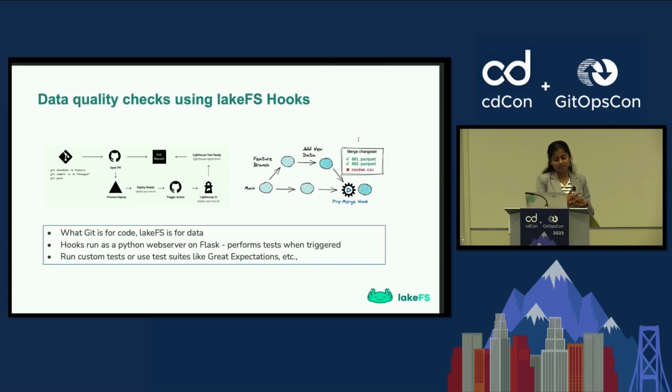Here LakeFS supports Python web server hooks, and the hooks at the end of the day are a YAML file, and you can define whatever constraints you want for each of the branches. So you can say the main branch can only have Parquet files and not CSVs or JSON, or only this person can merge into main, and all the rules can be defined in the YAML.